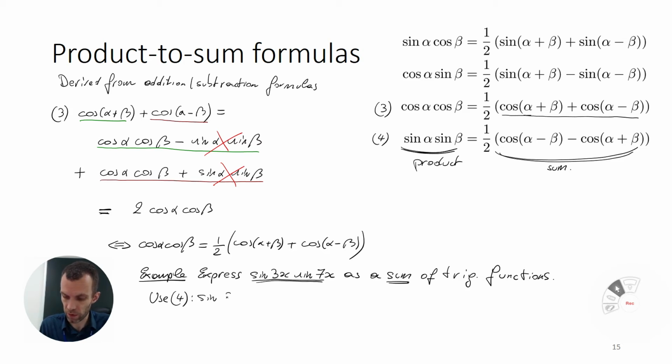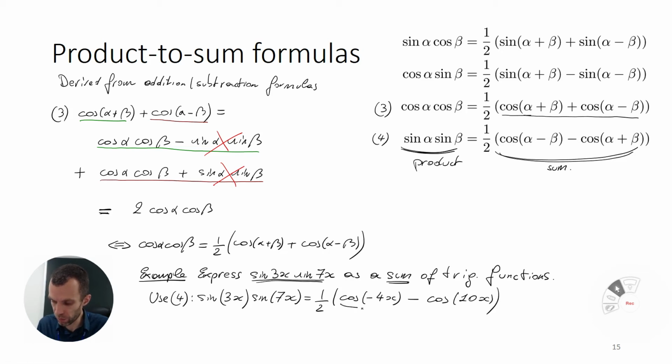Sine 3x sine 7x is 1/2 of cosine of the difference, so cosine of minus 4x, minus cosine of the sum, so 3x plus 7x, that's 10x.